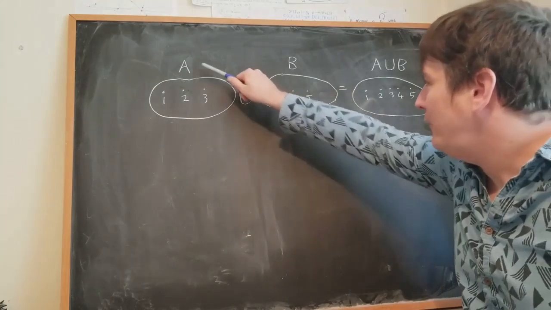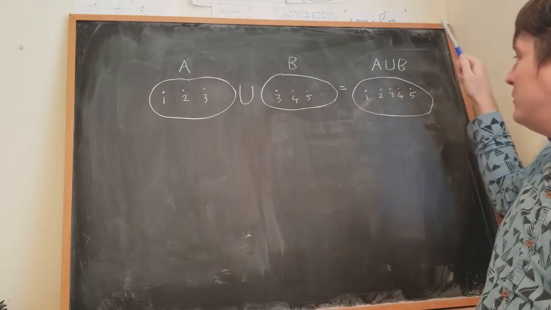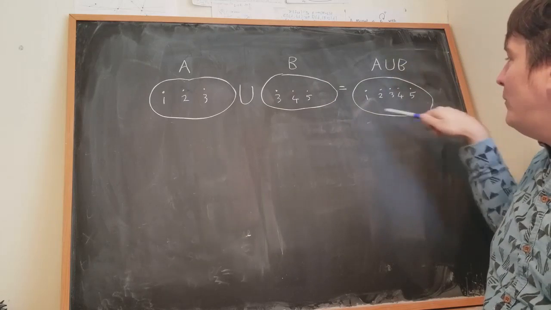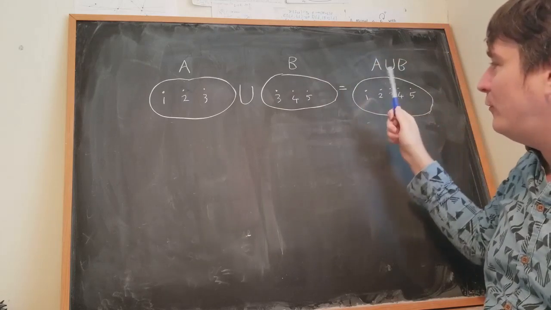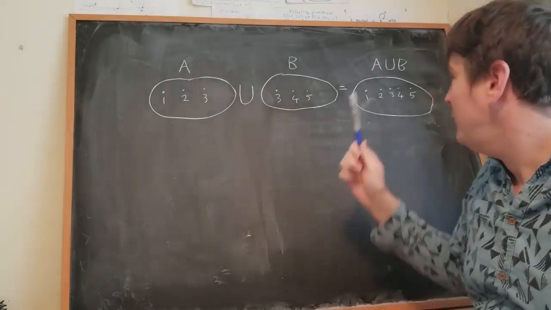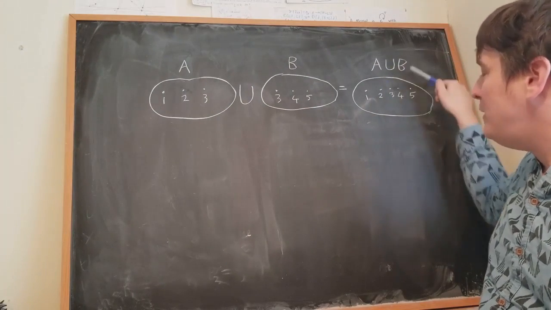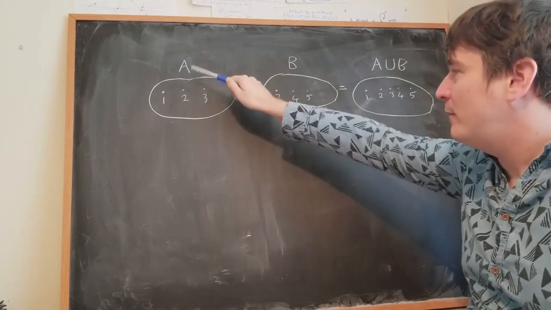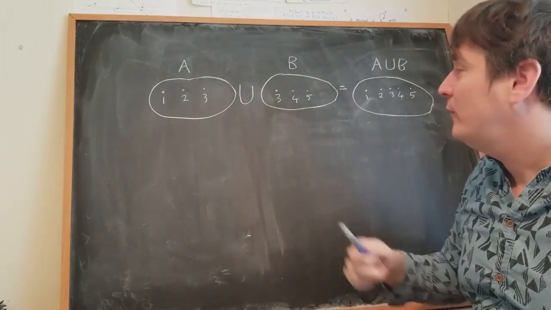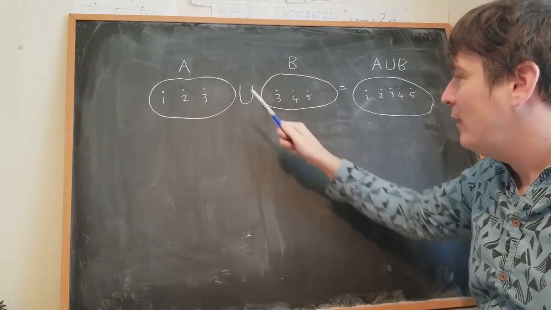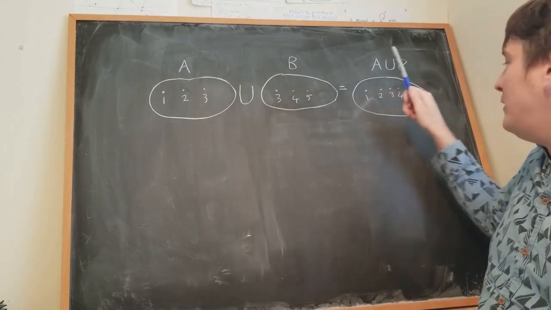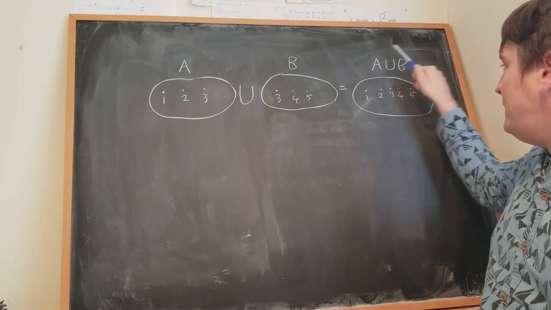The union of a set A and a set B is usually written as A cup B, and this is the set which has all the elements which are either in A or in B. Is it true that the number of elements in the union is equal to the number of elements in A plus the number of elements in B? Well, not always, because in this case 3 is an element of both of these, and so it's only going to appear once in the union.